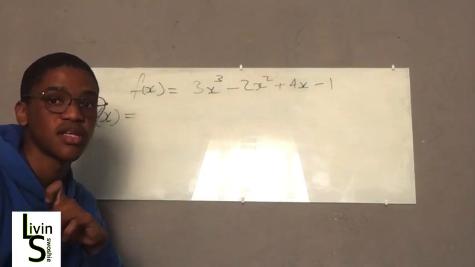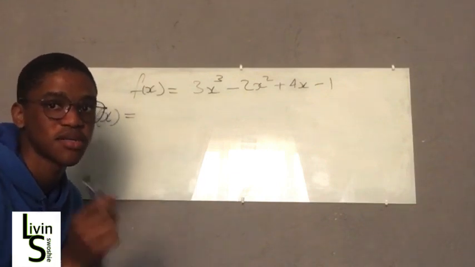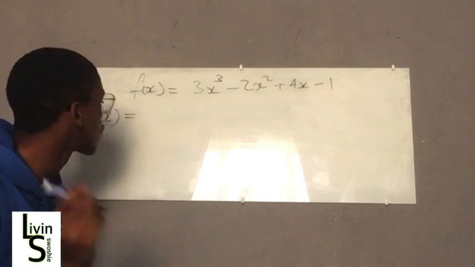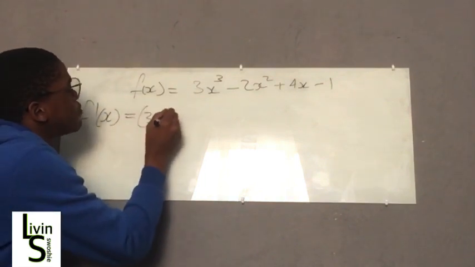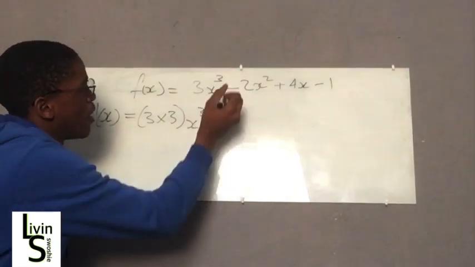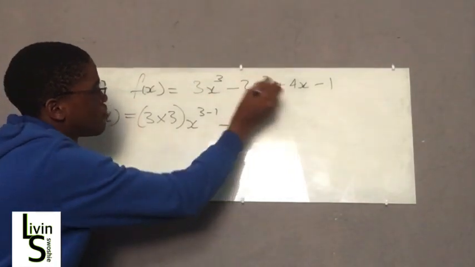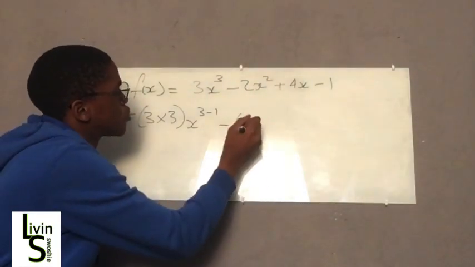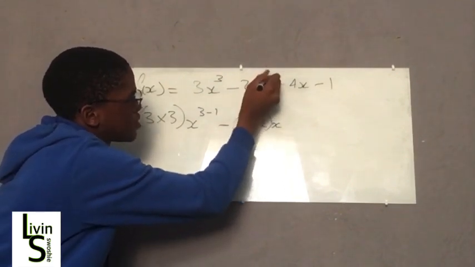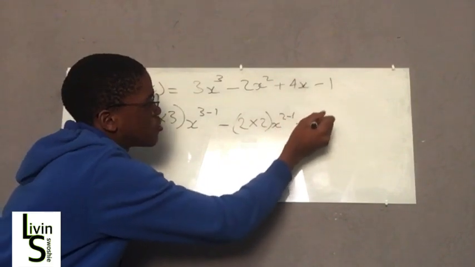I do recommend that you write it out and do not do mental mathematics, because sometimes mental mathematics betrays us. So it's going to be base times exponent x exponent minus 1, and then this sign you bring it back as it is, and then you look at the following term, which is 2 times exponent 2 x exponent 2 minus 1, and then bring back this sign into 4.